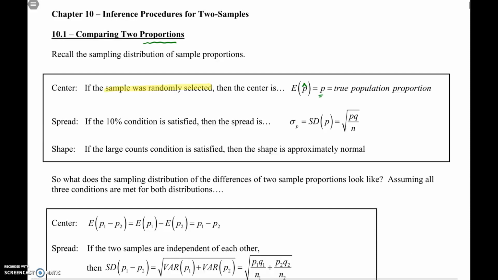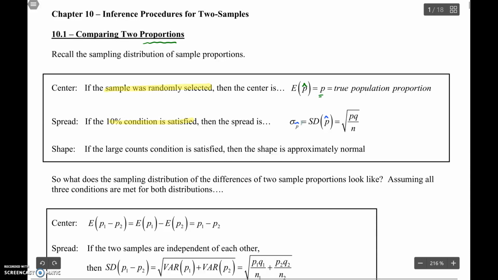Means it's unbiased. If the 10% condition is satisfied, then we can use this formula to find the spread. Then the standard deviation of your p-hats is equal to the square root of pq over n.